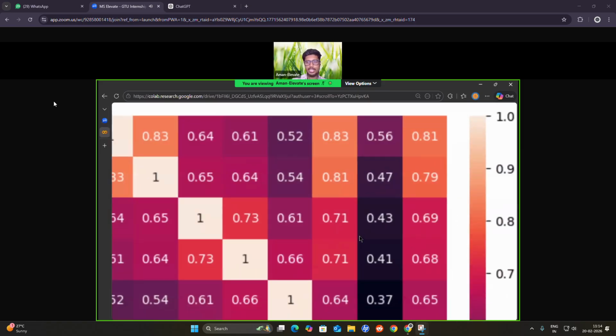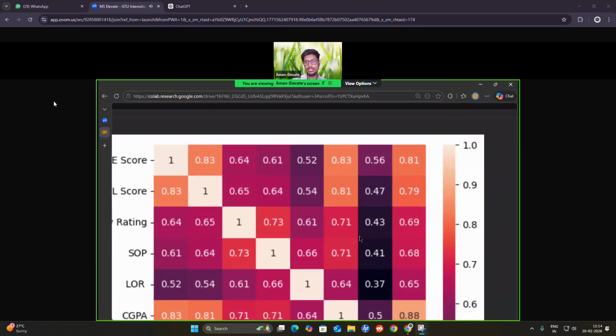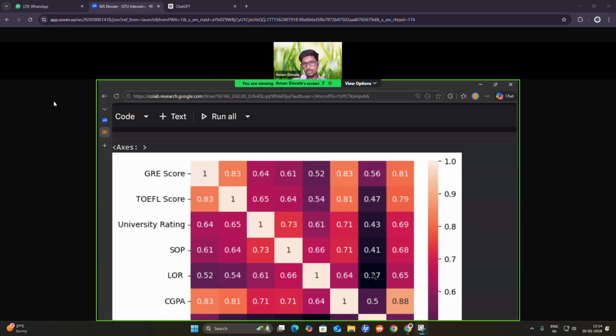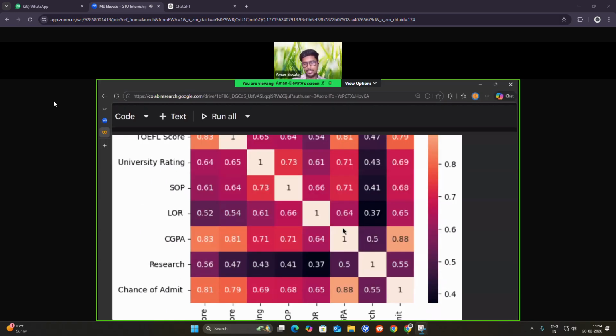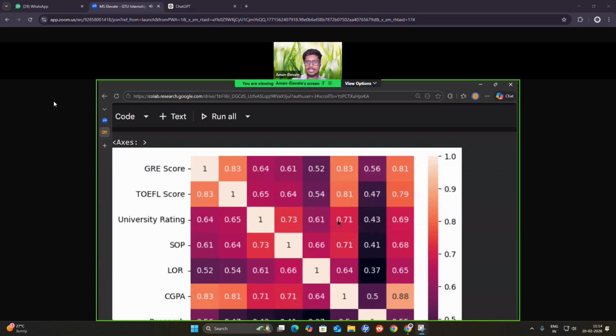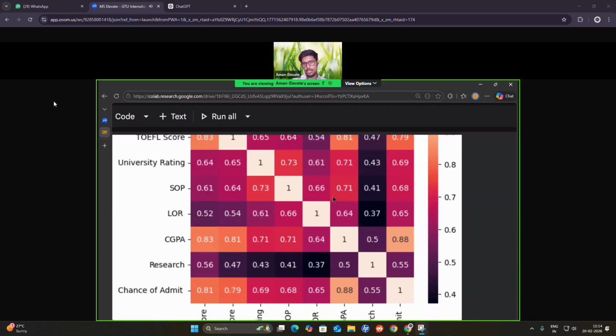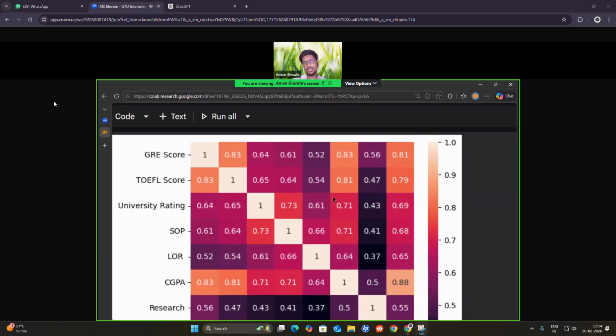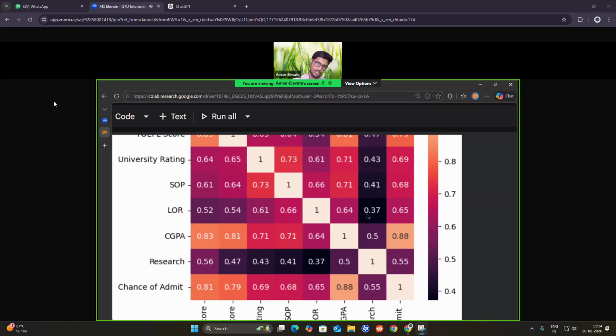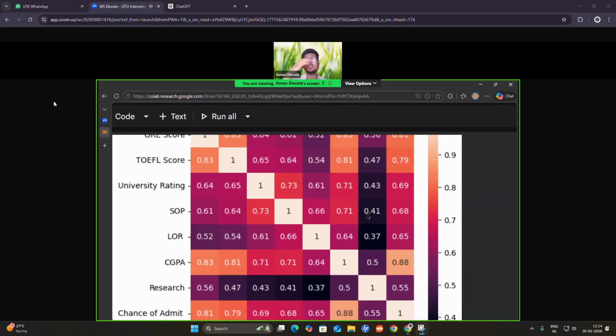The darker the region, the more collinearity, oh sorry, the opposite, I'm saying vice versa. So the lighter the region, the more the collinearity. Darker the region, less collinearity. Not collinearity, correlation. So sorry, guys.